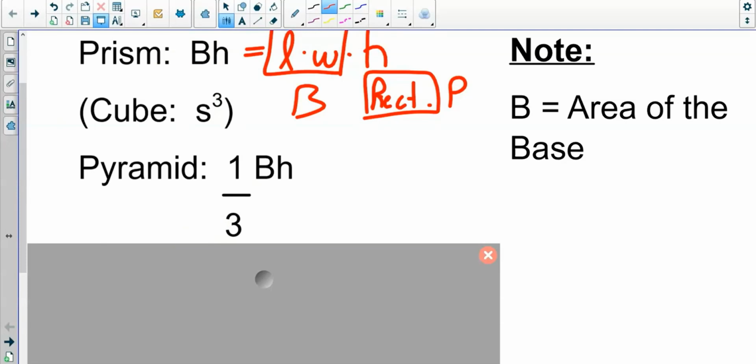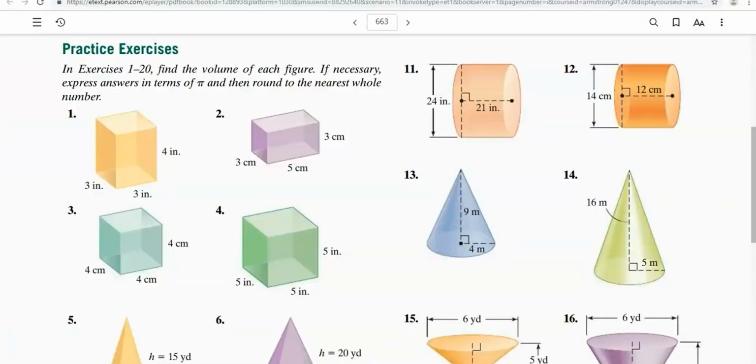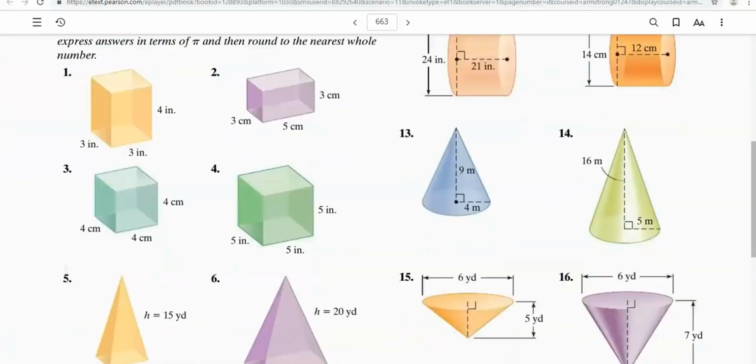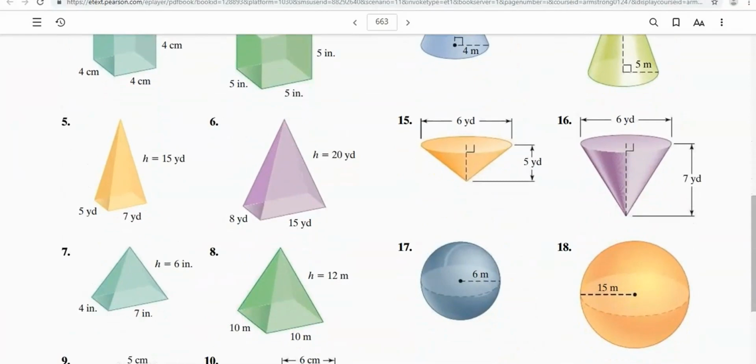Okay? Pyramids, if you don't know what they look like, they're like prisms, but they come to a nice sharp point. Think Indiana Jones. Okay? Pyramids come to a nice sharp point. All right?